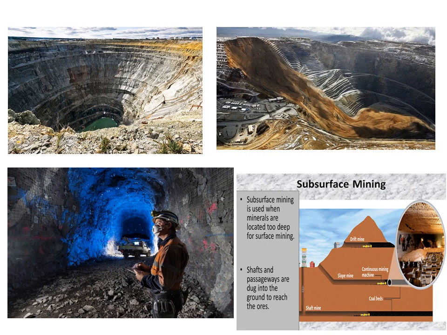So where do we exactly get coal from? What are these pictures of on the screen? Do you know? They are in fact mines, so let's take a closer look. The top two pictures are what we call surface mines or open cast mines.